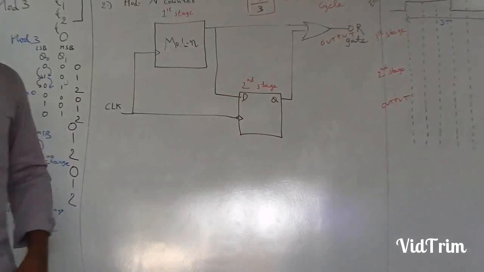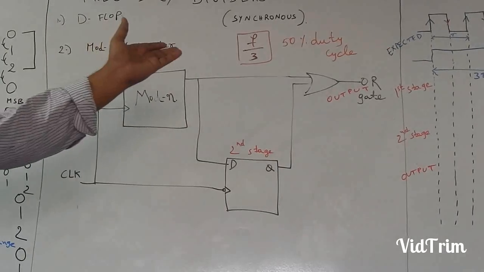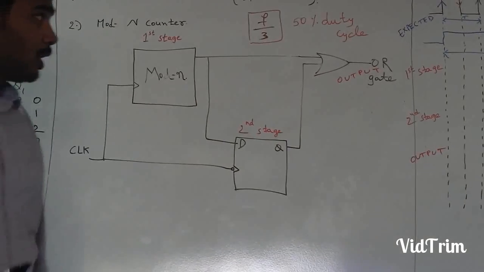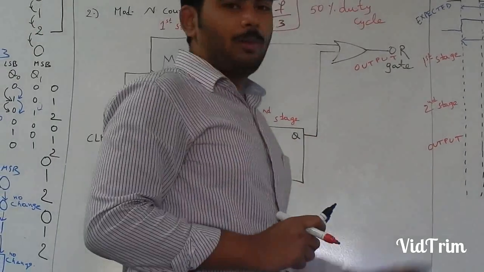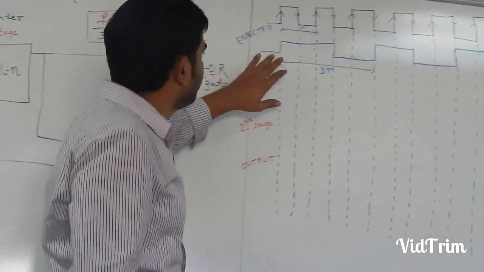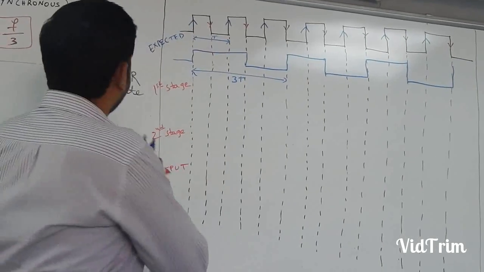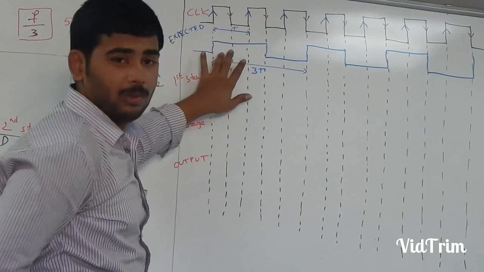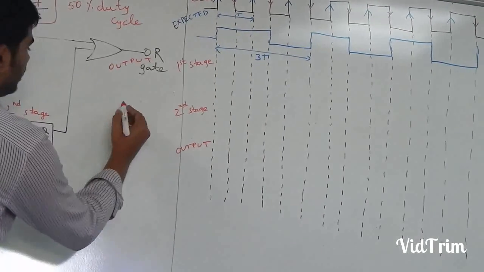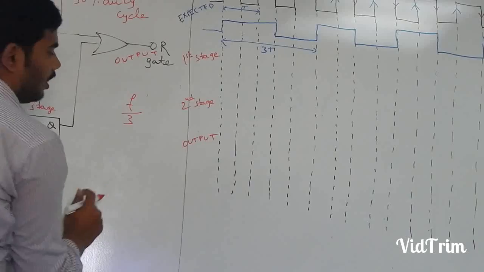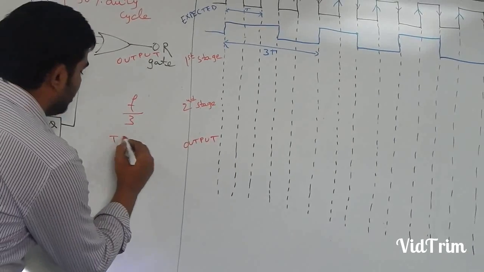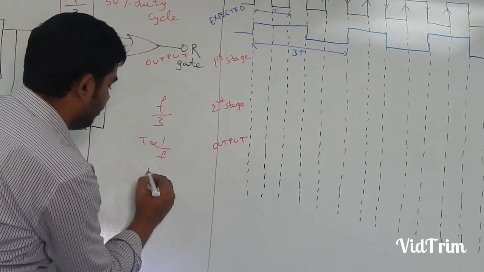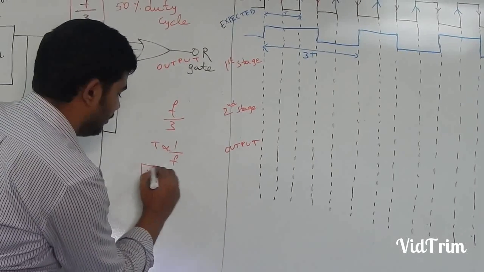So what is a duty cycle? You all know 50% duty cycle is 50% on and 50% off. So now let's quickly go back to this expected waveform. This is my clock, and this is my expected waveform. Frequency divided by 3 means, we know that T is inversely proportional to frequency, so frequency divided by 3 means time period is multiplied by 3.